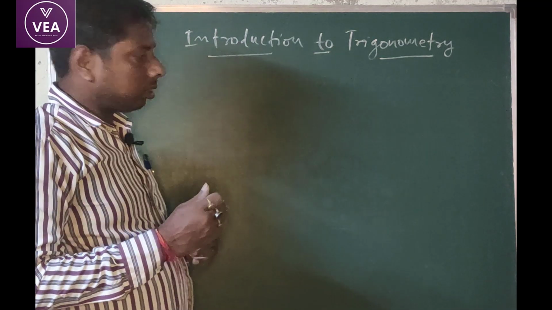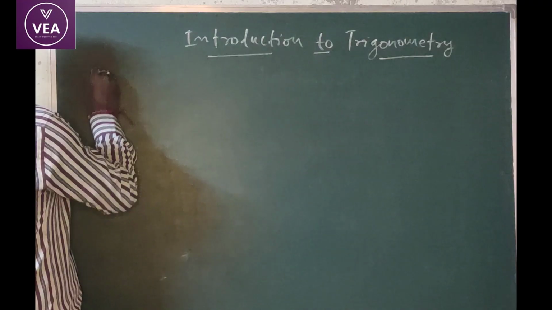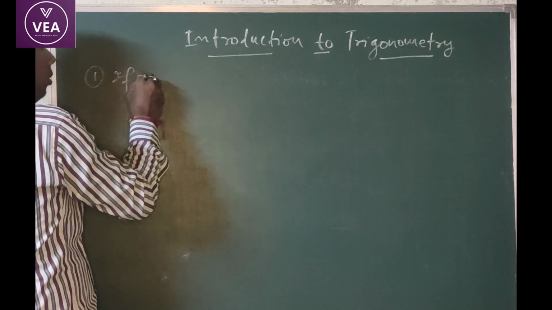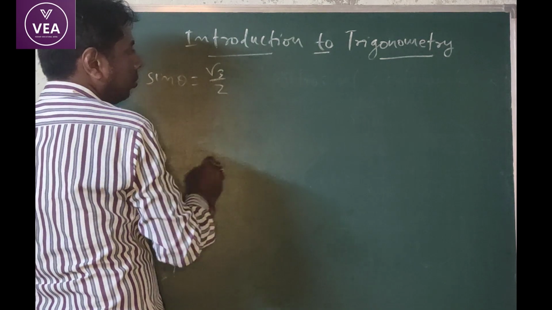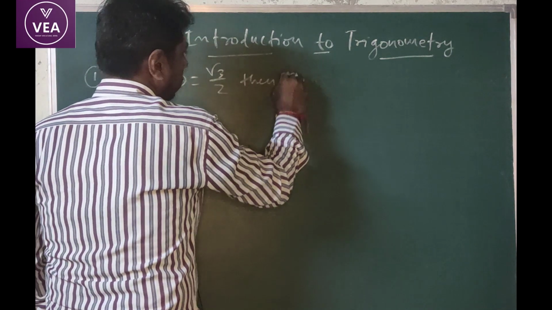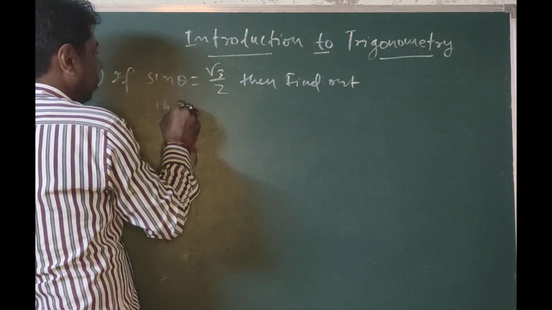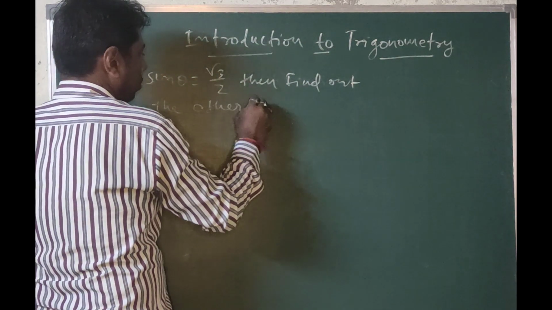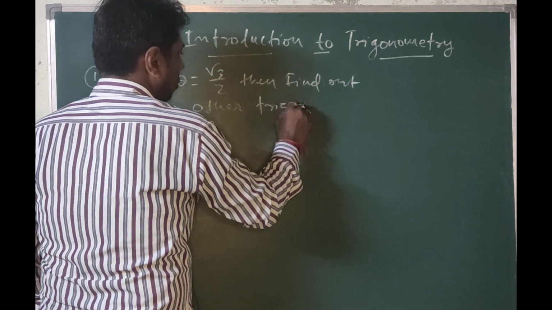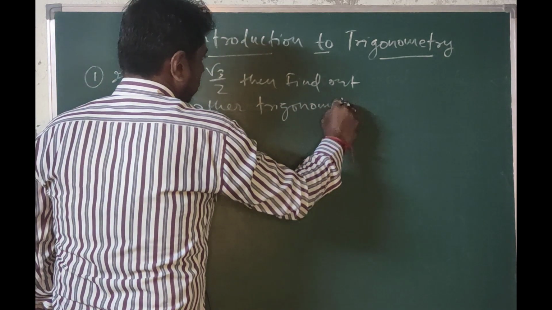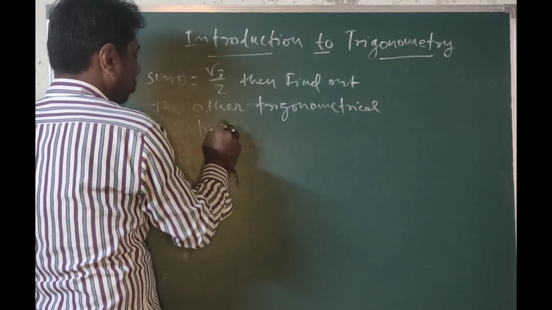Now we are solving one question. Suppose the question is, if sin theta equals root 3 by 2, then find out the other trigonometrical ratios.